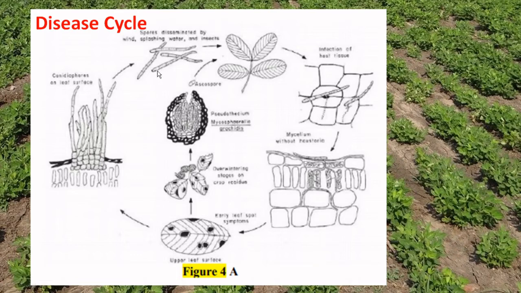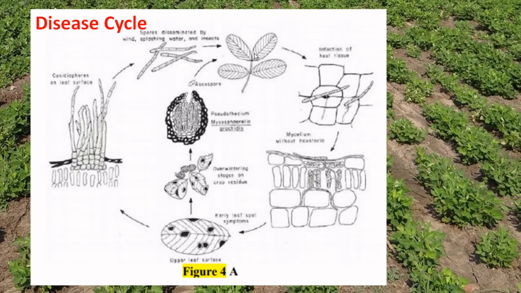Conidia come in contact in different ways with a leaf surface very close to the ground. Older leaves close to the ground are always invaded by conidia. Now you know the causal organism for early leaf spot disease is Cercospora arachidicola.